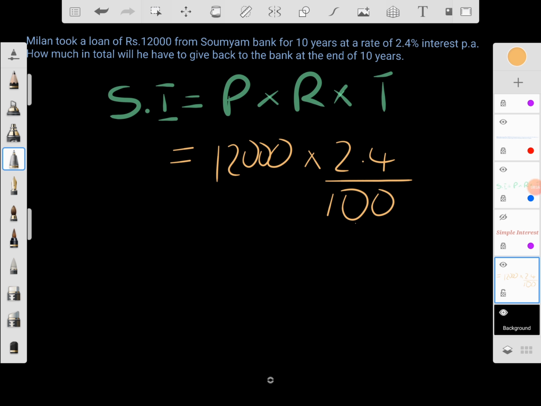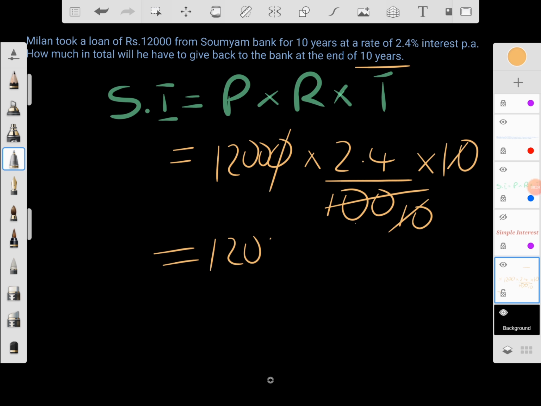I mean the denominator is 100. So 2.4 divided by 100 into time at the end of 10 years, so into 10. So what will this be? 10, 100, it gets cancelled to 10, and then this 10 gets cancelled.